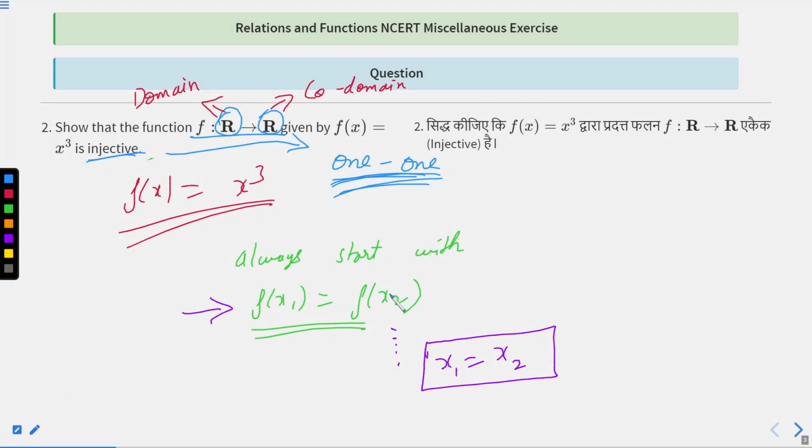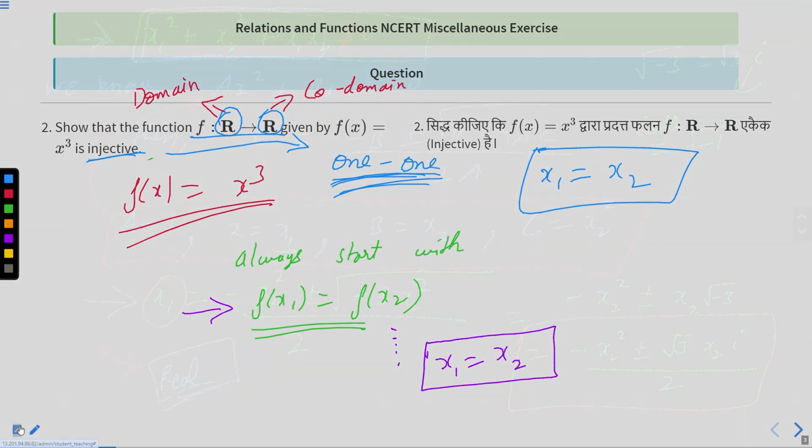So from this I can easily say that there is only one case, and from that case we concluded that x1 is equal to x2. I hope that it is very clear to you.